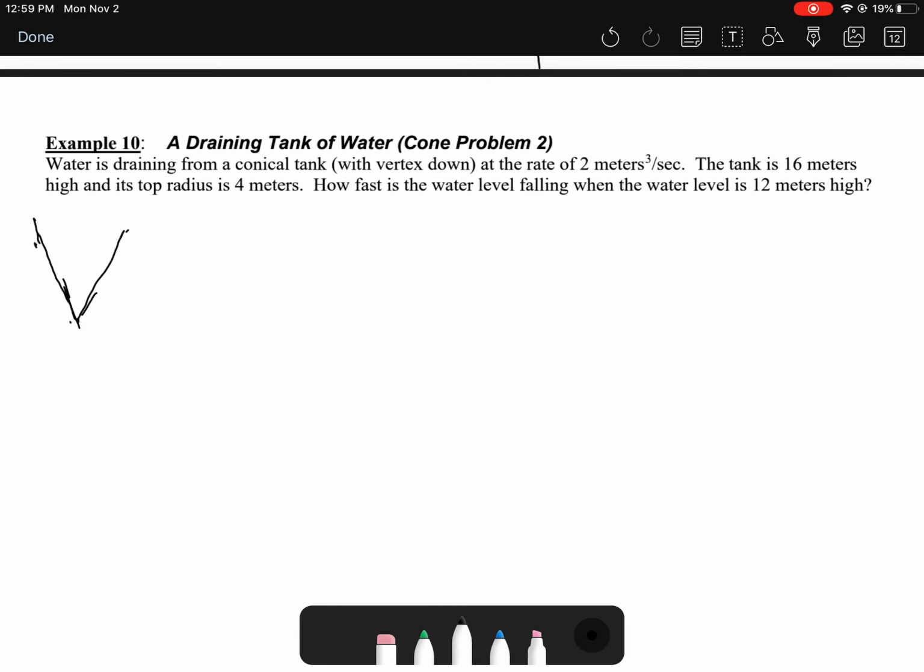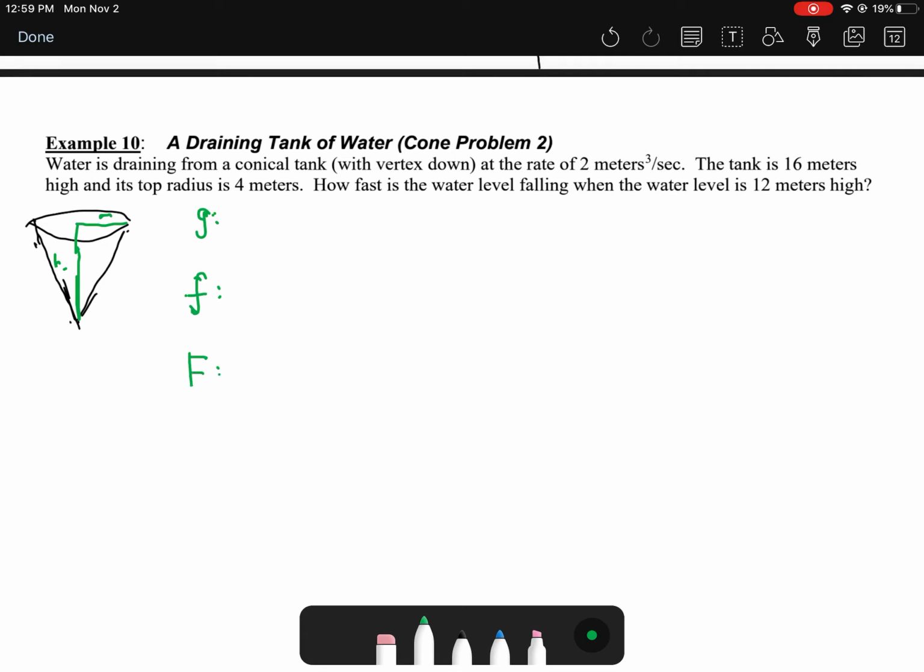Its vertex is down. Again, I'm just going to draw this in. I have a height. I have a radius. Okay, so let's fill in what I have: a given. What do I need to find?